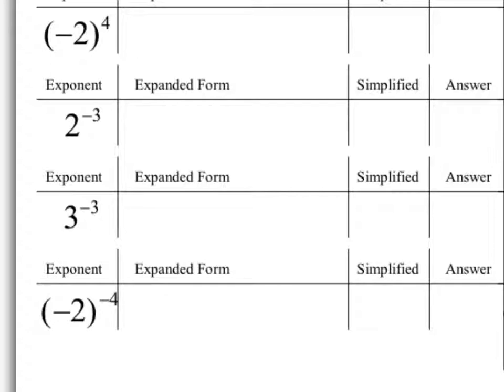So all this really means is what we're repeatedly multiplying is a negative number. Negative 2 times negative 2 times negative 2 times negative 2. We do have to be careful, though, when we're finding the actual value, because we have to think about good dates and bad dates.